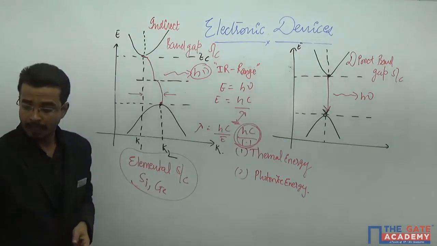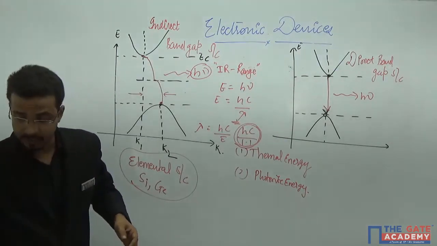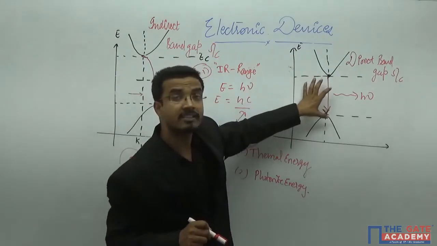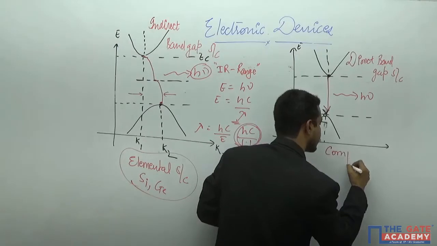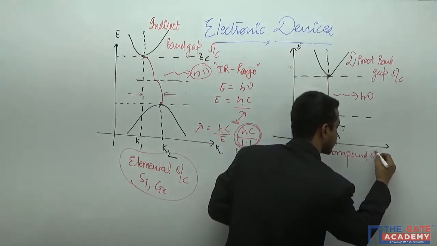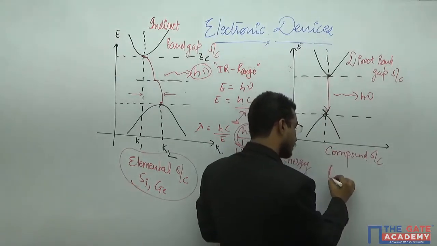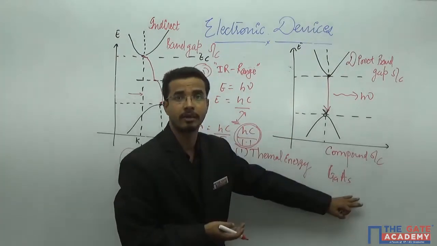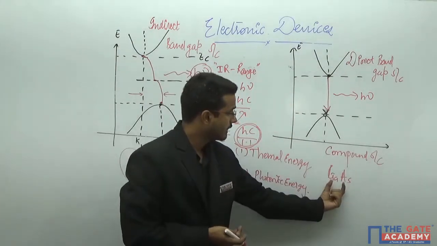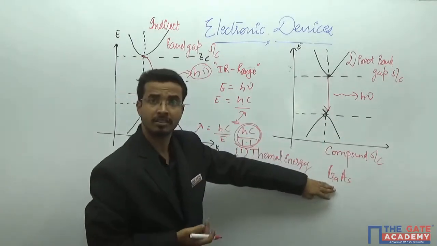Okay? But whenever you take this type of material, examples are compound semiconductors. An example is gallium arsenide. It is the most general example. And what is the general band gap of this?